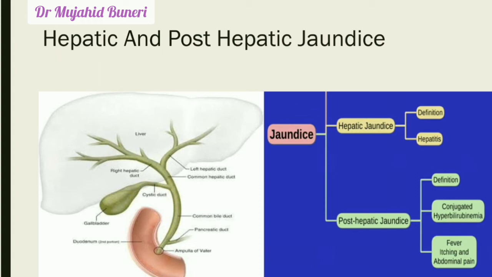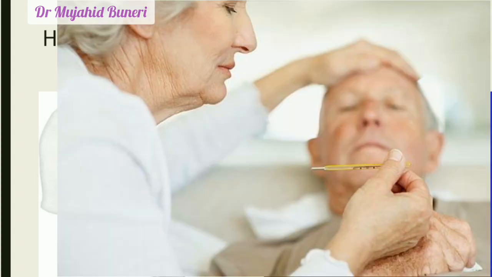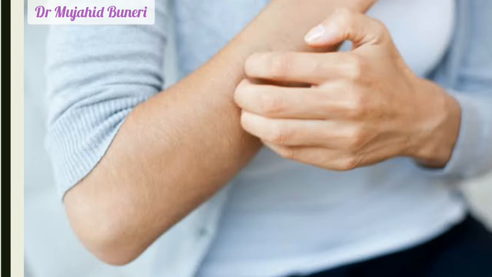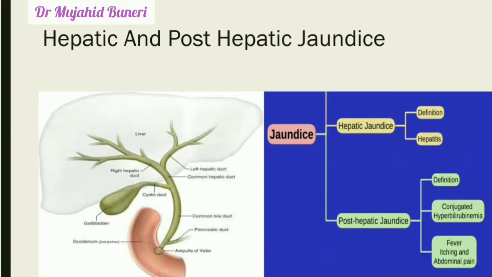Why do we call it surgical jaundice? Because these conditions are usually managed by surgeons. So, points which are in favor of obstructive jaundice include fever, itching, and abdominal pain. These are the classical features that we see in obstructive jaundice.